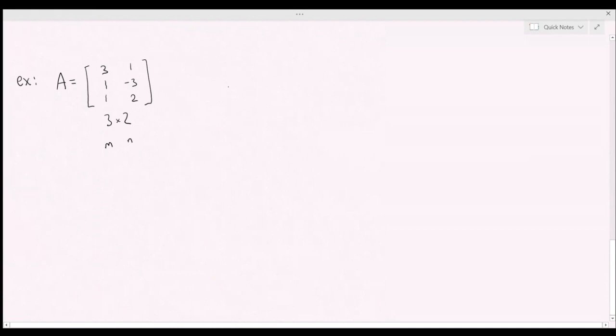So that means I'm going to start by calculating A transpose A. Okay, so I'm going to transpose A, then times A. Let's see what the result will be.